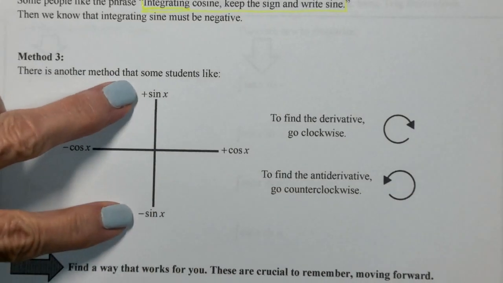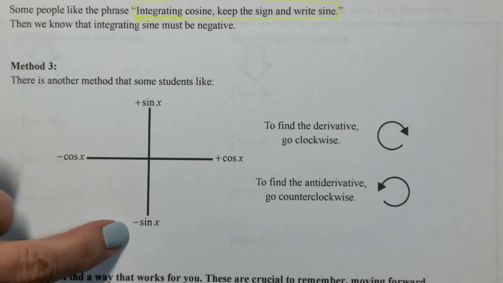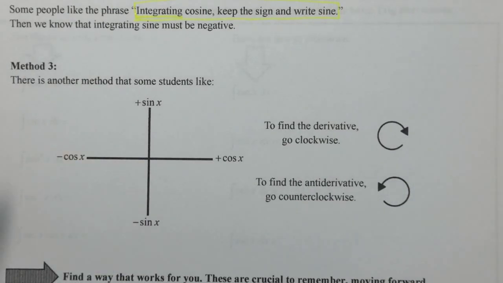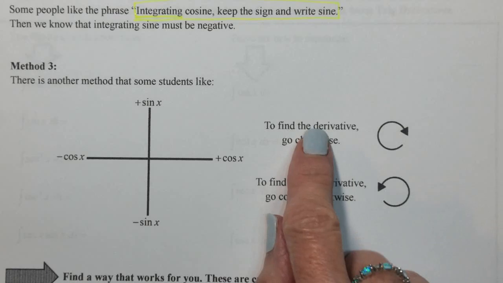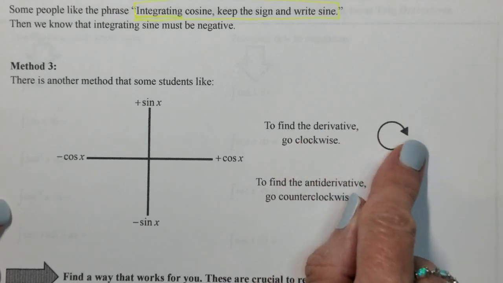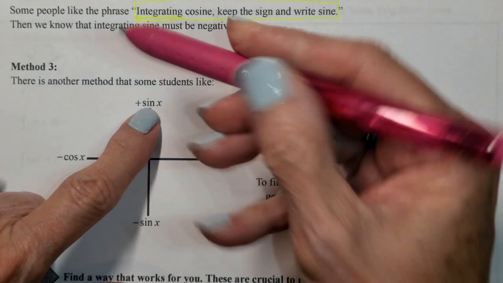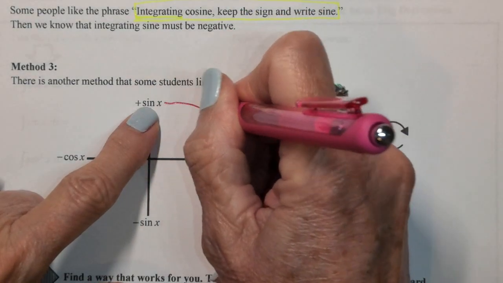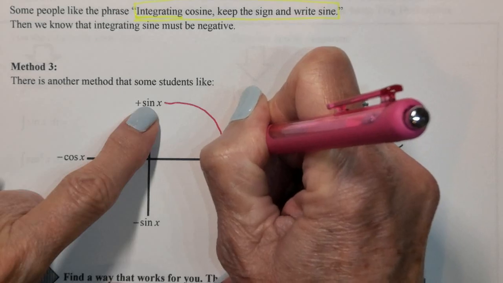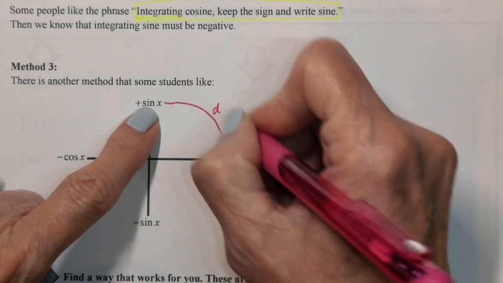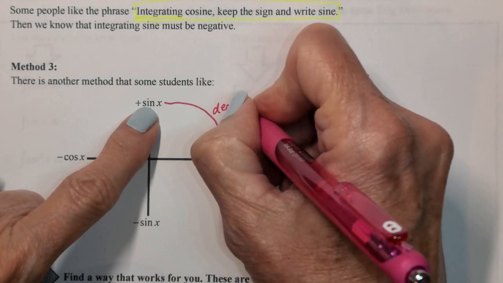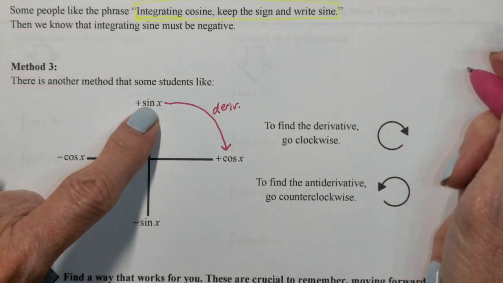Sine is on the y-axis, positive is up, negative is down. Okay? And then you just need to remember that to find the derivative, you go clockwise. So if I want the derivative of sine, I go clockwise, and it is positive cosine. Clockwise is the derivative.